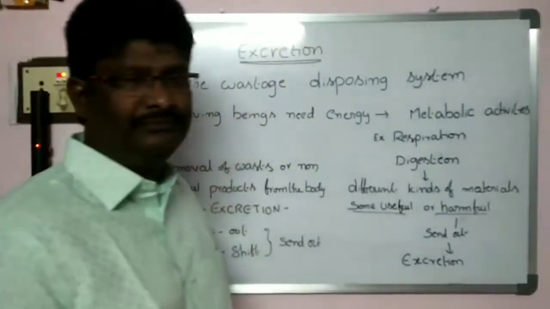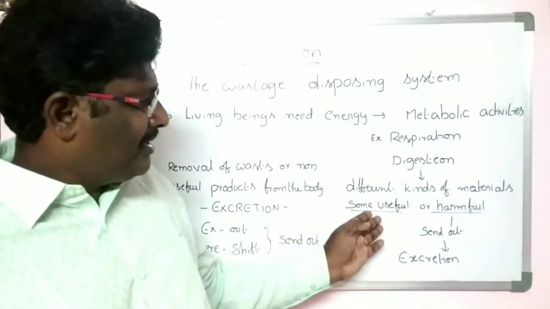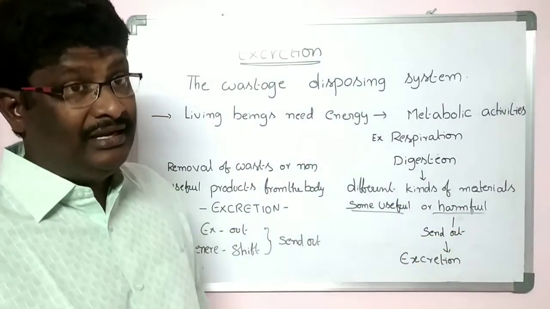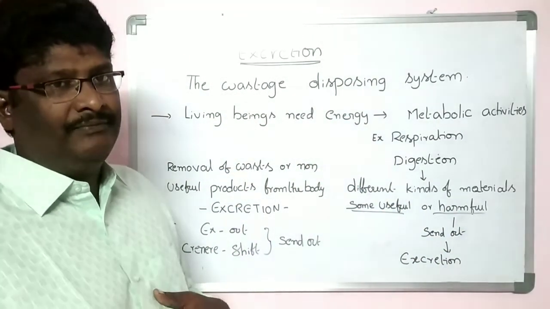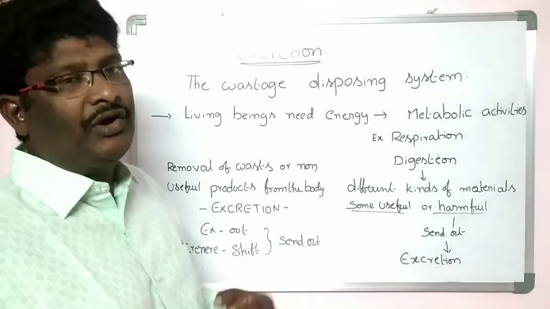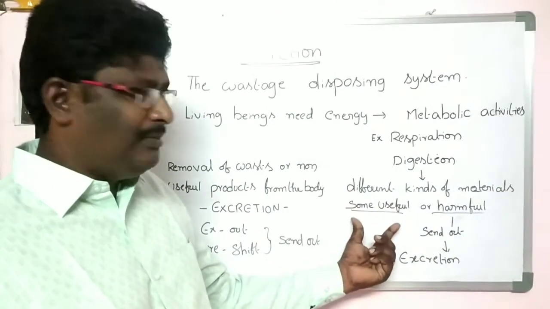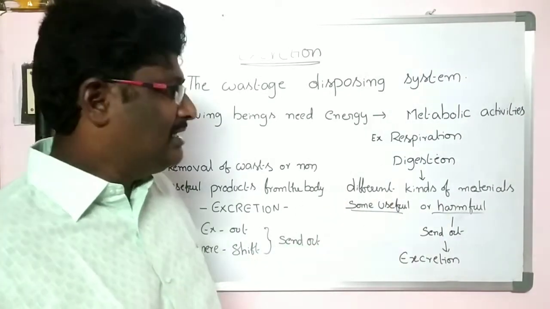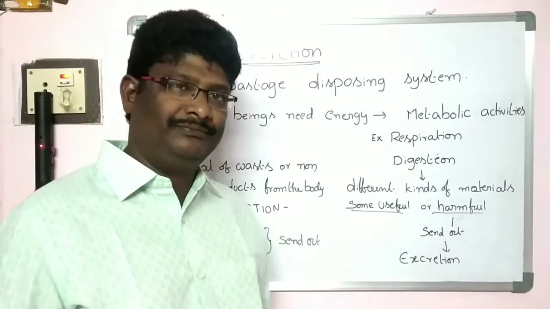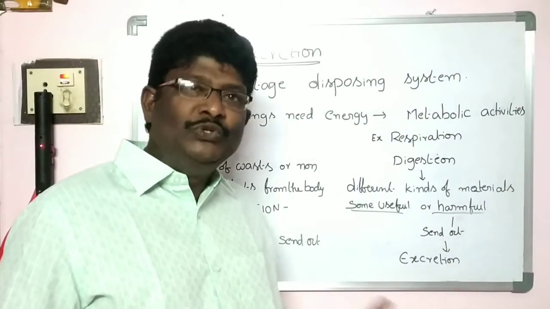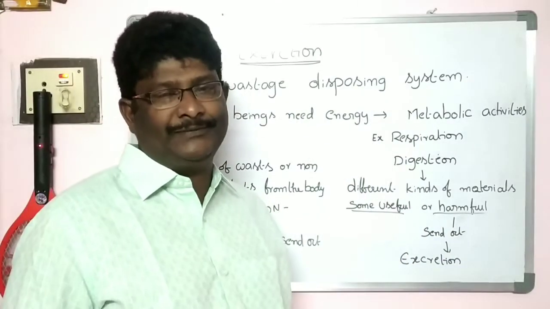Is it right? How are these products produced? When the metabolic activities take place in living organisms, some useful products and some harmful products are produced. These useful products are used by the living organism.